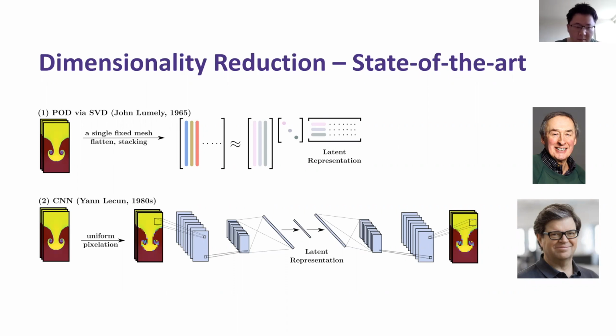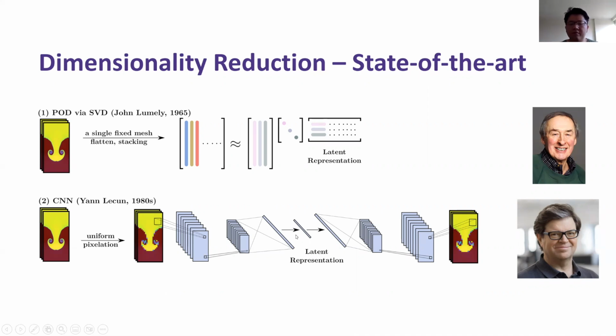What happens is, first you perform some uniform pixelization, as you can see from the bottom left of the slide. Then you perform some pooling and convolution, and you can perform it again.